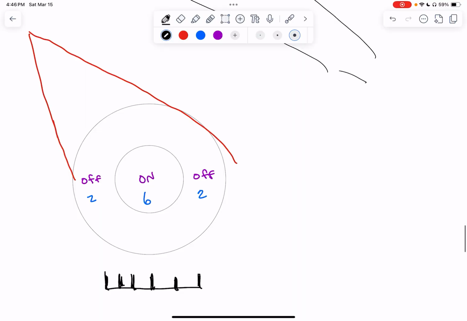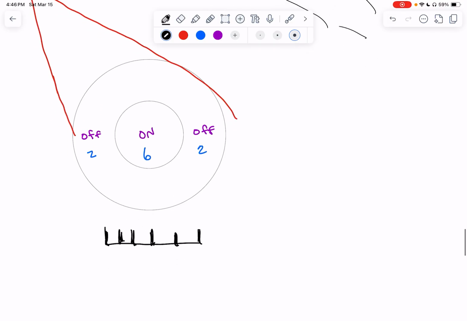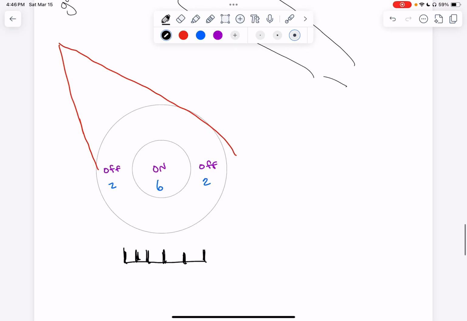That's because this is an on-center photoreceptor, meaning that when light hits it, it is going to tell the brain, "Hey, I'm seeing light." But the off-center are being stimulated by light, but they're telling the brain, "Hey, I am not doing my job, basically. I'm doing the opposite of what I should be doing." So it is not going to release action potentials. It's going to decrease the rate at which glutamate is released to tell the brain that it is not seeing light. So that's why you're only going to see 6 action potentials from this.